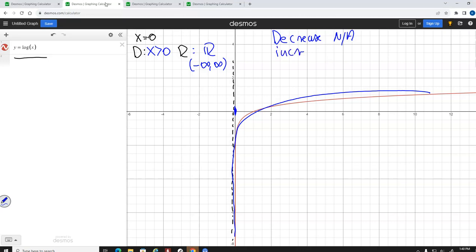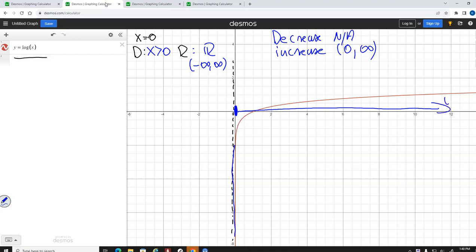But for the increase, we're reading it off the x-axis, so it's increasing, starting at 0, because that's where my asymptote is, and it is traveling to the right toward positive infinity, okay? So if I'm talking about increasing, my function is increasing in this range right here. It's traveling from the asymptote 0 to positive infinity, okay?